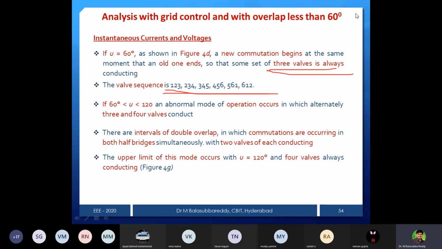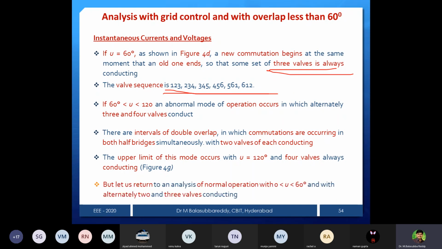In this case, we consider specifically less than 60 degrees. We need to consider 2 valve conduction and 3 valve conduction. Therefore, 2 by 3 valve conduction needs to be explained and derived. Now I will consider 3 valve conduction, because 2 valve conduction is already explained in the non-overlap case.